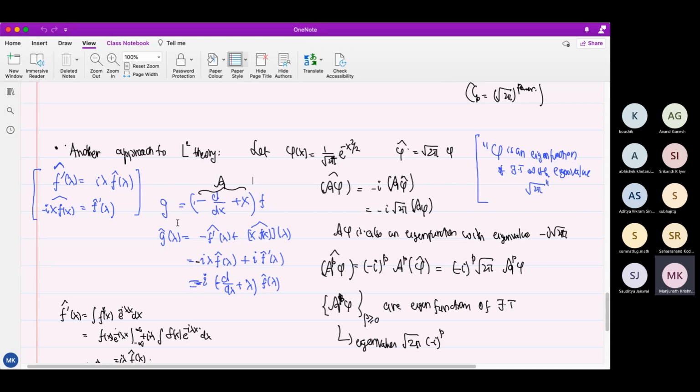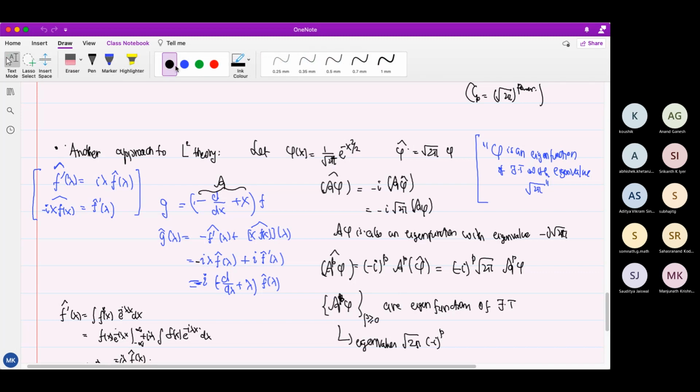But you can check that if you take g equal to minus d dx plus x times f, then g hat of lambda turns out to be minus I times the same operator applied to f hat. What I mean here is that g hat is minus I times A applied to f hat.